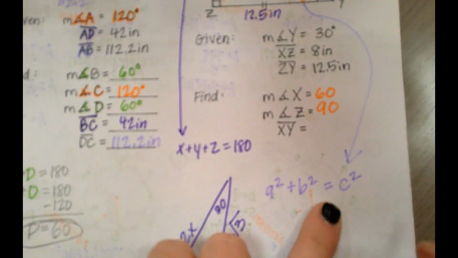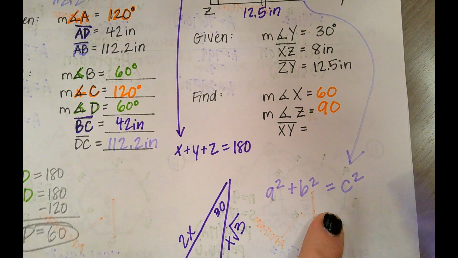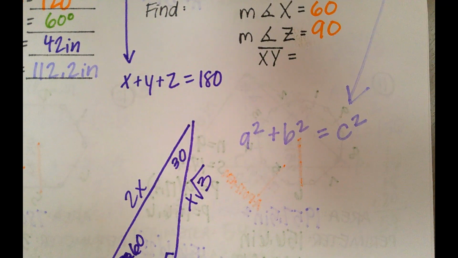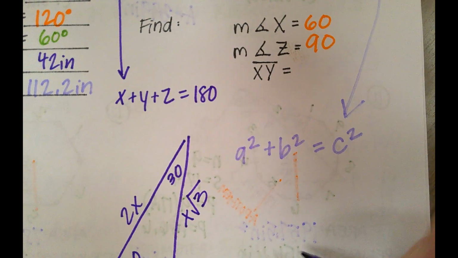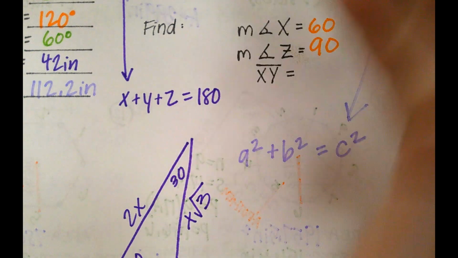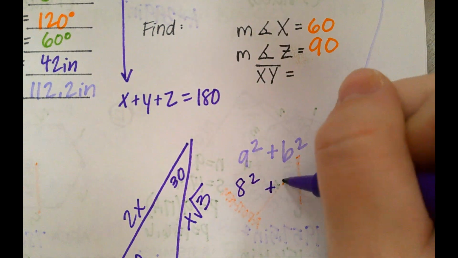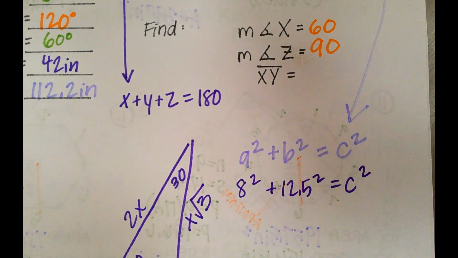And I need to find the hypotenuse, the longest side. So I'm solving for c. Does it matter which values I use for a and b? It doesn't. So I'm going to just do 8 squared plus 12.5 squared equals c squared.